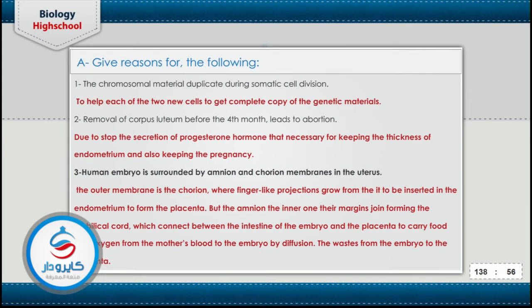But the outer membrane, which is called the chorion, has edges that connect together to form the villi of the placenta, which is responsible for carrying the food, the nutritive substances and the oxygen from the mother to the embryo, and the wastes from the embryo to the mother through this part, which is called the placenta.